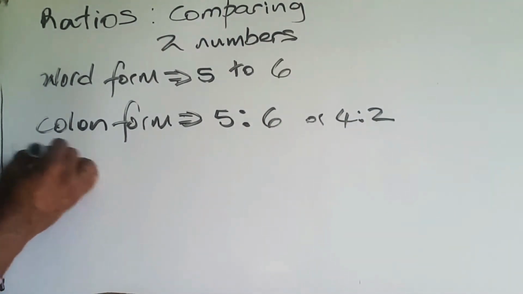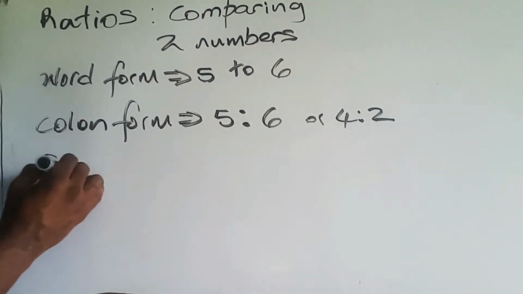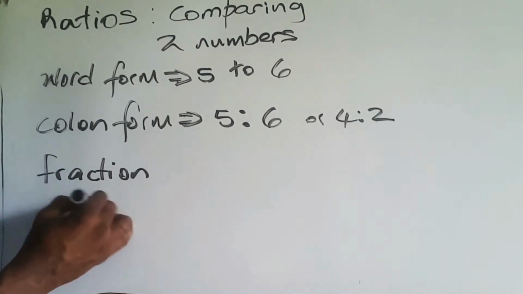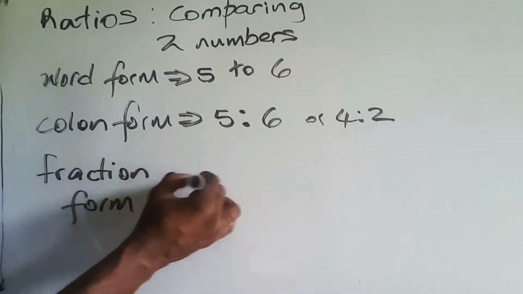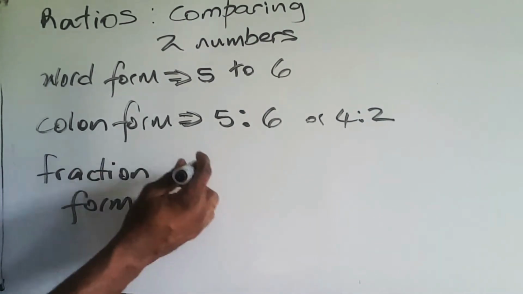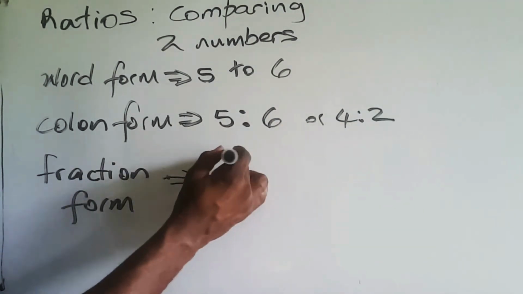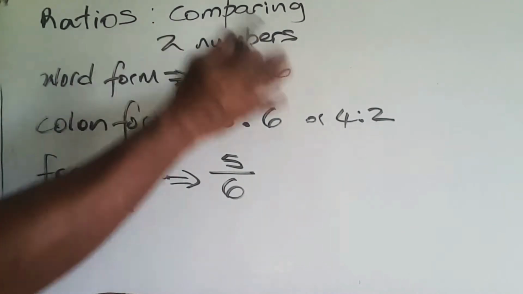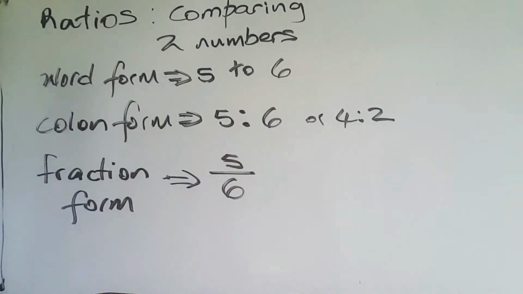Another way in which we can represent ratios is in fraction form. If we really debate this, we could show the difference between a fraction and a ratio. But basically, you can write this as 5 divided by 6, and all of them would mean the same thing. So these are the forms that we could represent ratios in. Word form, we have 5 to 6.